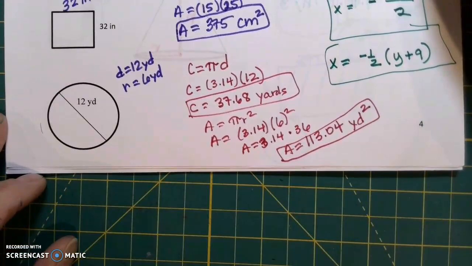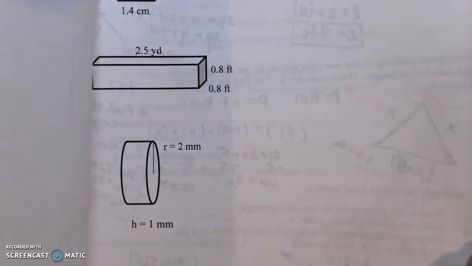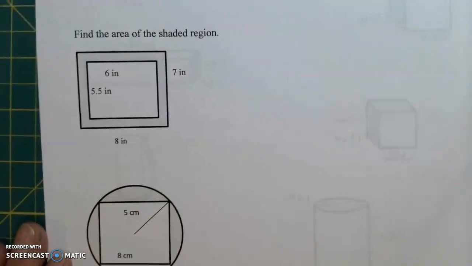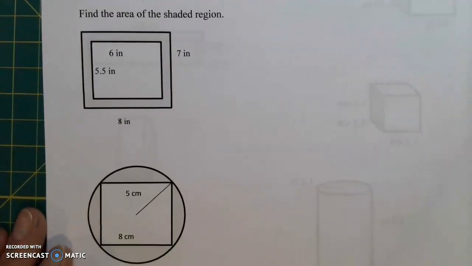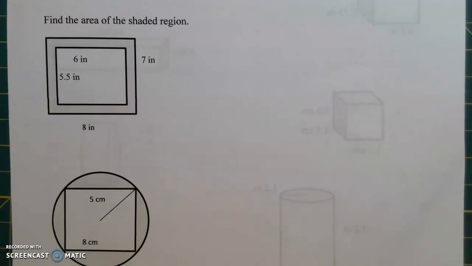All right, so we will flip to the next page here and do a couple of the area of a shaded region ones. With these, I do recommend coming up with a basic plan, kind of like an outline of a paper.